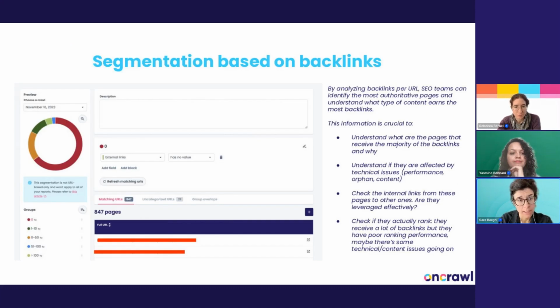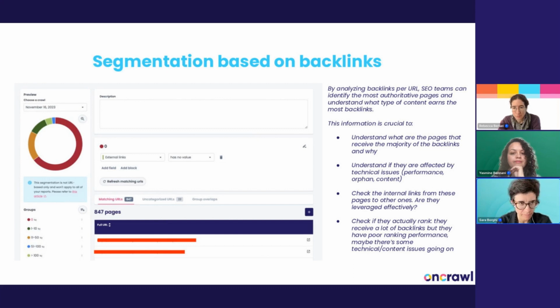Another one is segmentation based on backlinks. Backlinks, as you know, in Oncrawl can be either imported via the Majestic connector, or you can ingest a file with the backlinks from another platform. This is very useful because it allows you to understand which pages receive most of the backlinks, and first of all, whether they are affected by technical issues.